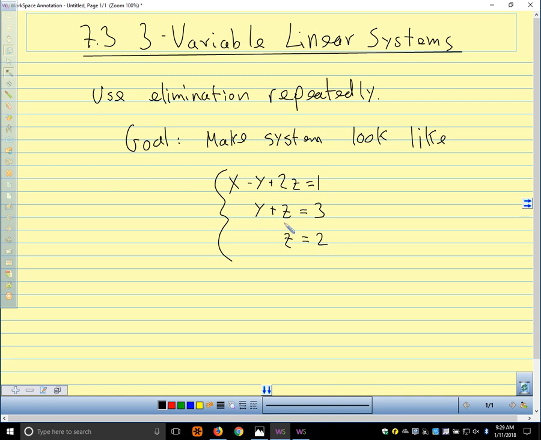We can substitute that into the next equation, and we figure out that y equals 1. And then we can substitute both of those into the first equation, and we figure out that x equals -2. So we call that back substitution.